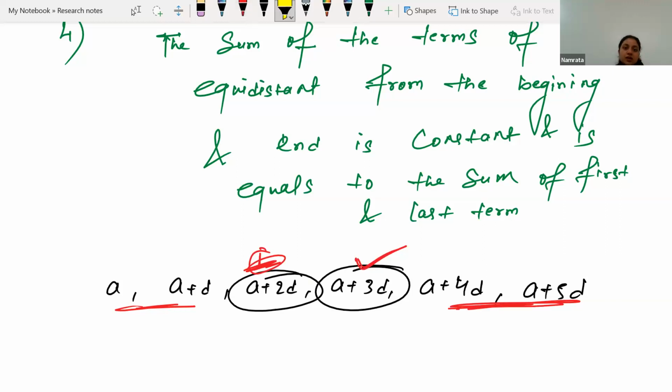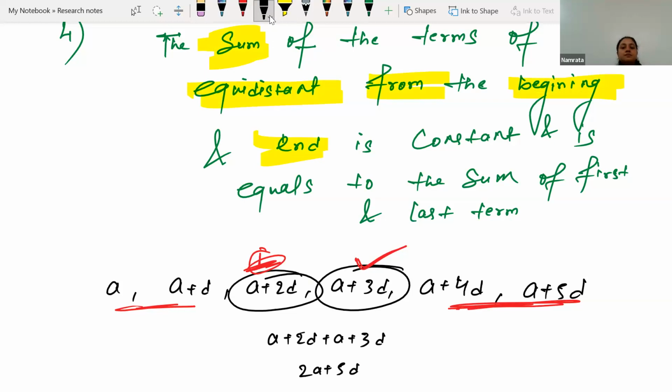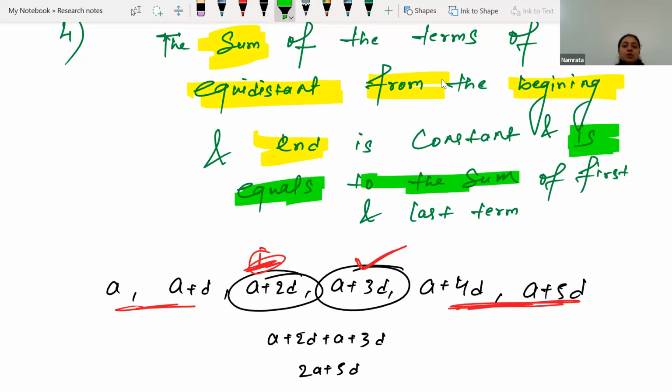Yes, ma'am. Here it says the sum of terms equidistant from beginning and end. Let's find the sum. A plus 2D plus A plus 3D, that is 2A plus 5D. This is the sum, right? Then it says it is equal to the sum of first and last term.